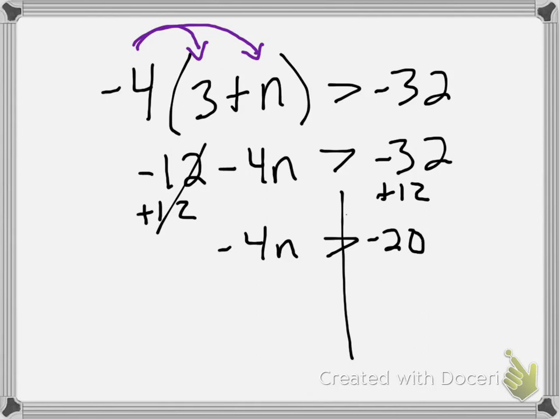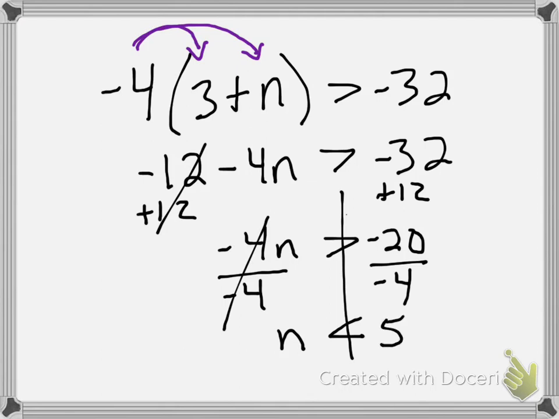Now, to solve for n, I have to get rid of times negative 4, so I have to divide both sides by negative 4. And again, this is where I'm going to have to be careful. I divided by a negative number on both sides, so I have to remember to flip my sign. Negative 20 divided by negative 4 is a positive 5, which would be our solution for this one.